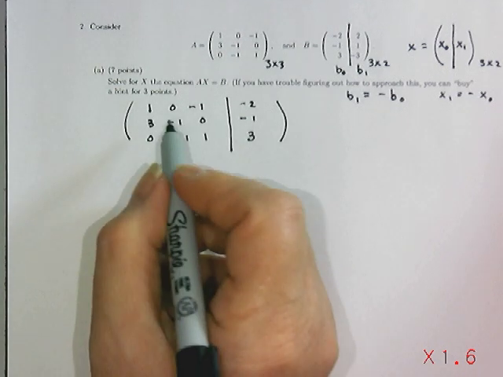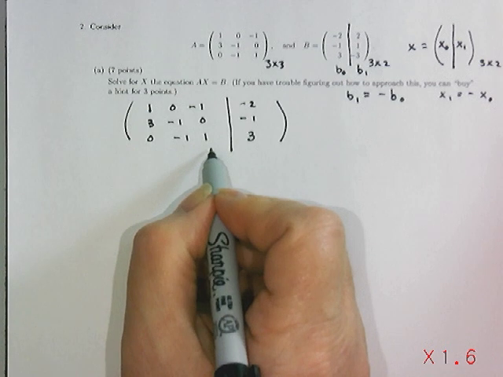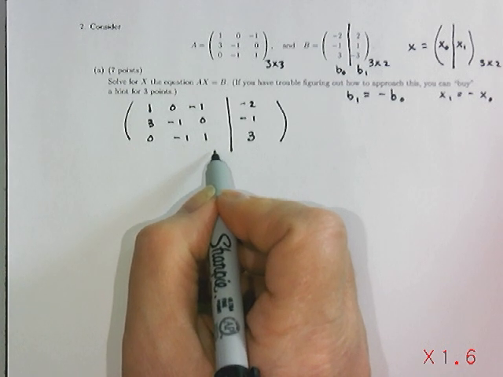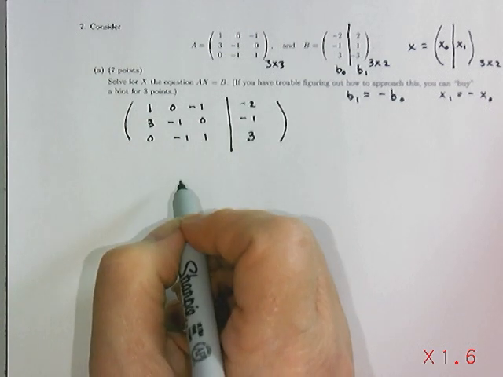In other words, I'm going to find an equivalent system that is an upper triangular system, and then use backward substitution.